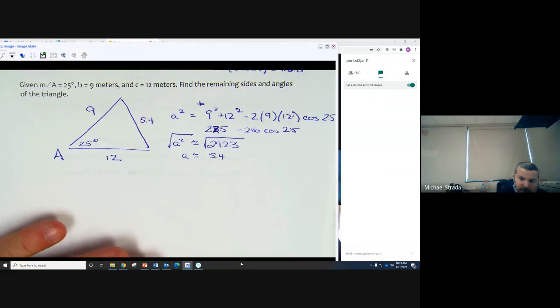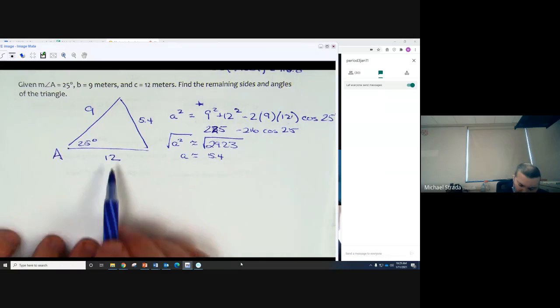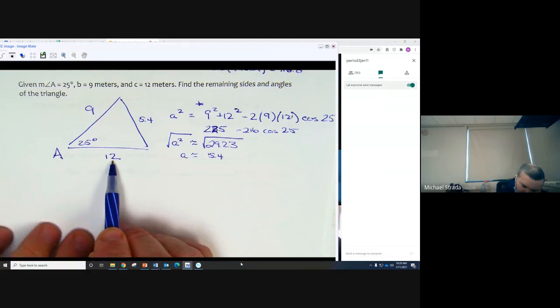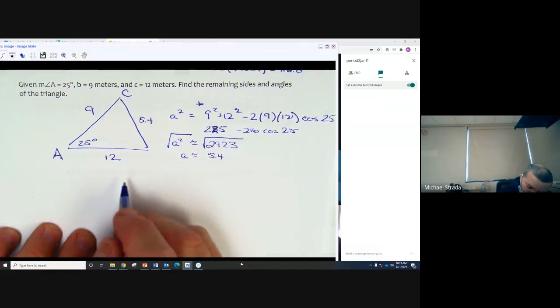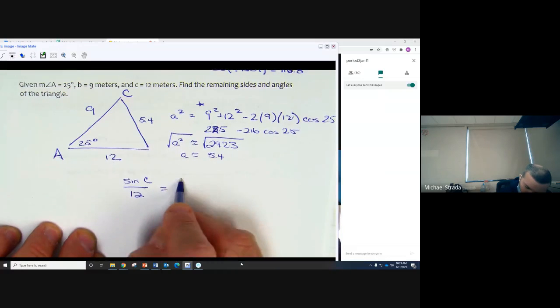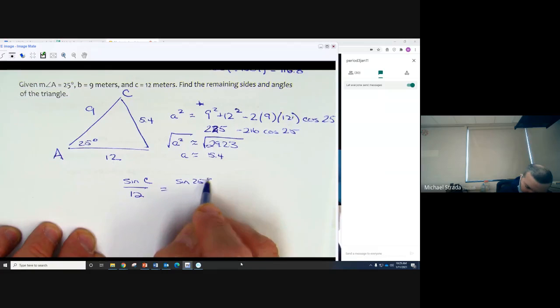All right. Personally, I would then take the biggest side, which is little c, and use law of sines. So sine C over 12 equals the sine of A, which measures 25 degrees, over 5.4.